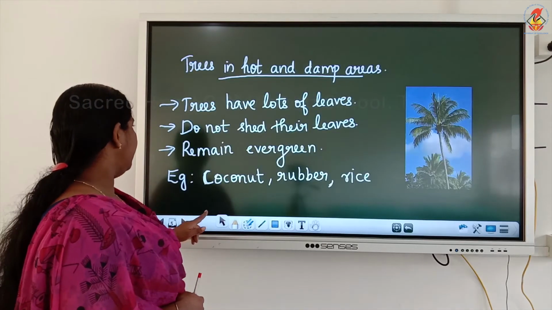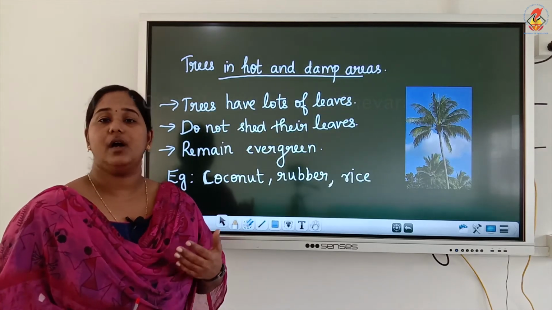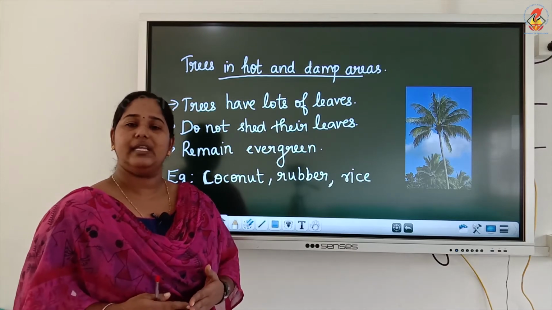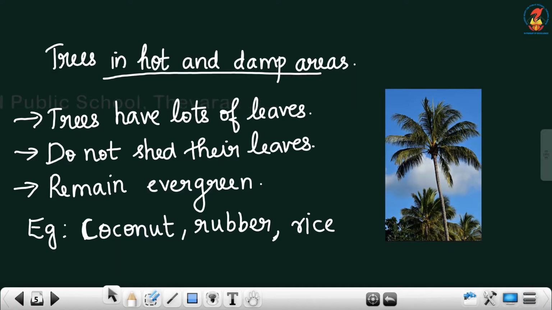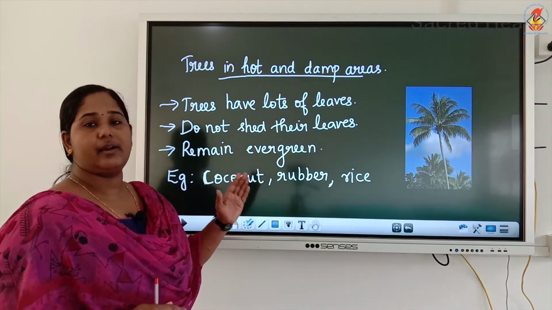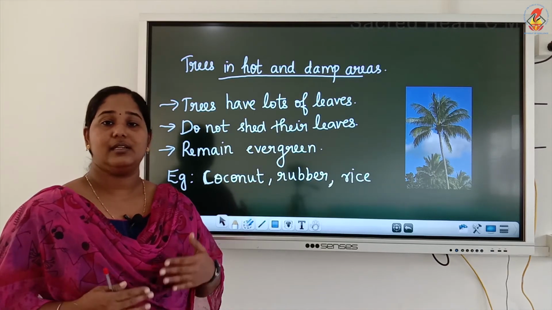The next type is plants that grow in hot and damp areas. In hot and damp areas, trees have lots of leaves and they remain evergreen. Evergreen means throughout the year they will have green leaves. They do not shed their leaves like the mango tree, banyan tree and others. They always remain evergreen, like coconut, rubber, rice, cotton and others.